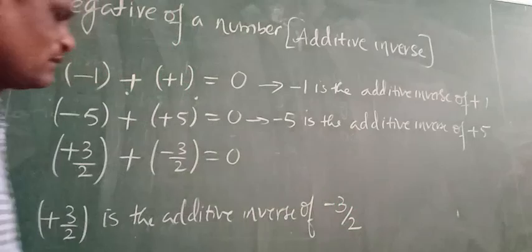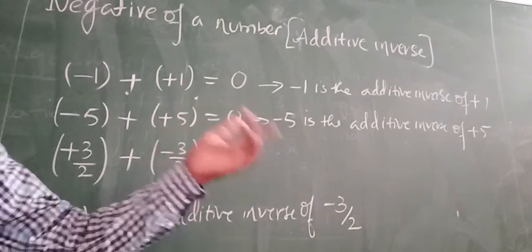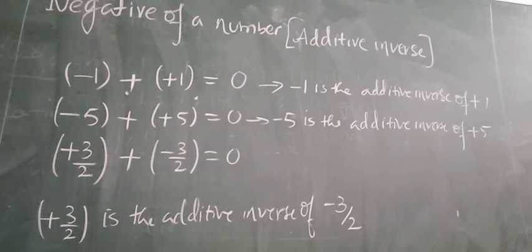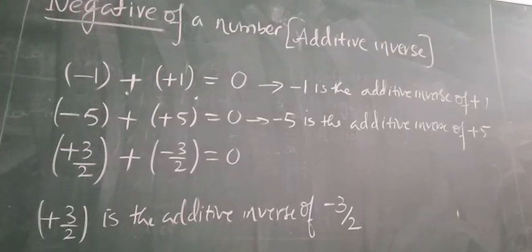So remember that if you take a positive number, then the additive inverse will always be the opposite of that one. If you take -3 by 2, the additive inverse will be +3 by 2. You take any number, take the opposite sign of that one, it will become the negative of that number. We have two names, negative of a number or additive inverse.